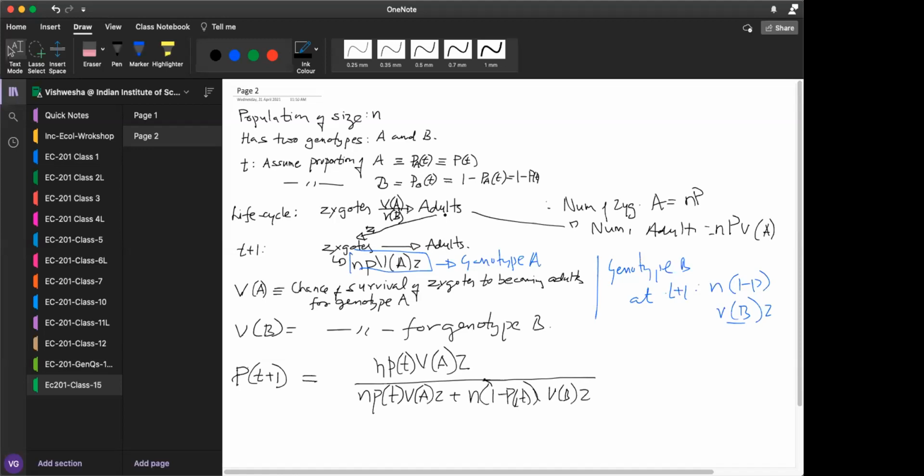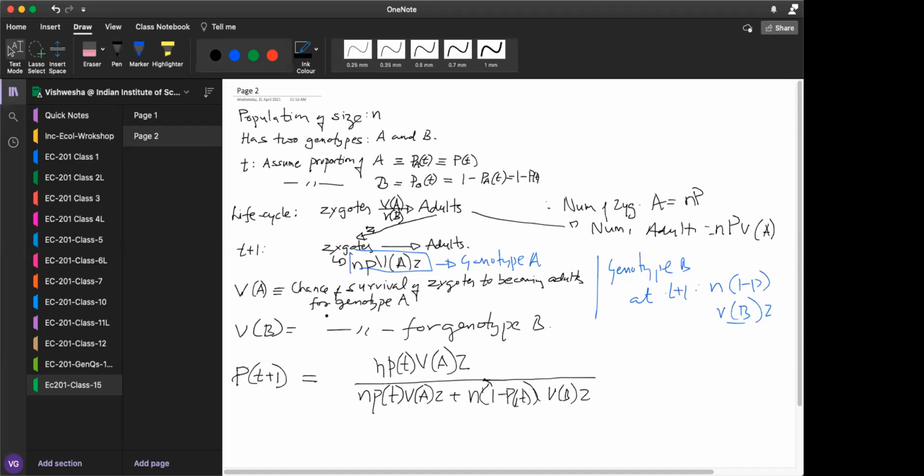Yeah, the number of zygotes is n times P. You're right. That's why we are making the standard assumption that every adult of the previous generation is now dead. So we're only interested in the new set of zygotes that are formed. It's a very good point. Just like the standard discrete time models. Yes, sir.